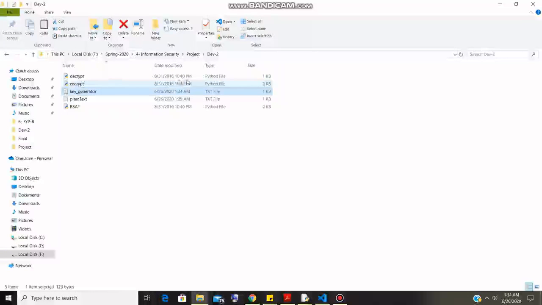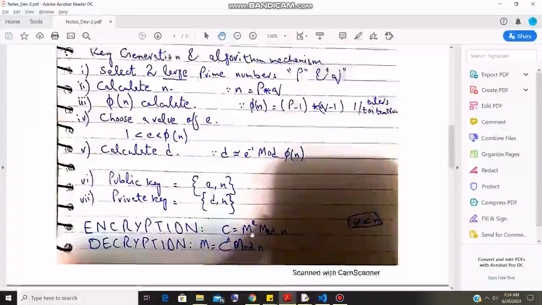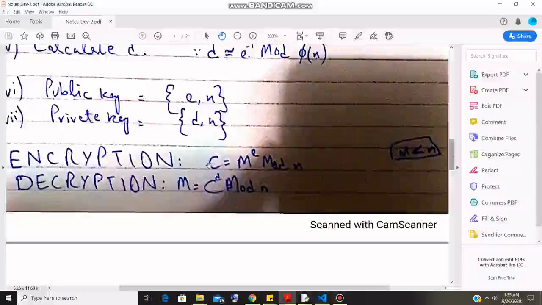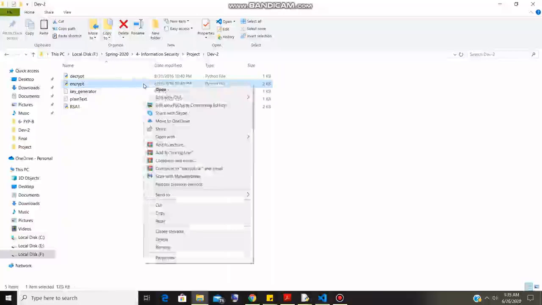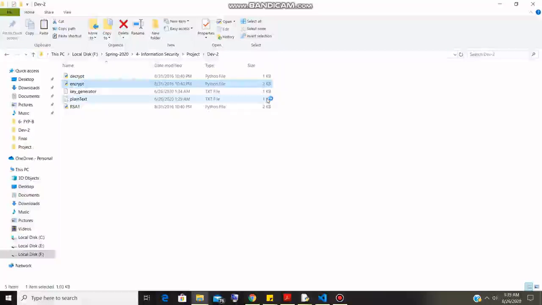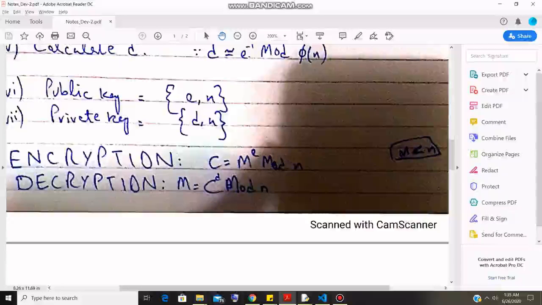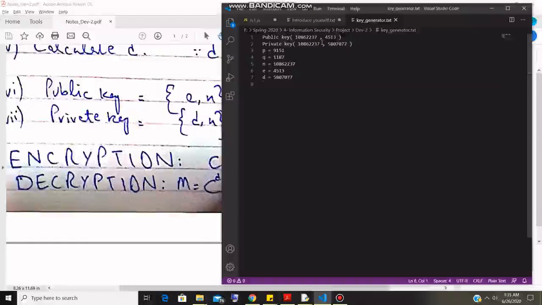So now when we have those values, we are going to perform encryption. How are we going to do the encryption? By using the same formula, m raised to power e mod of n. First of all, we would take the values of n and e that are already generated here in our list.